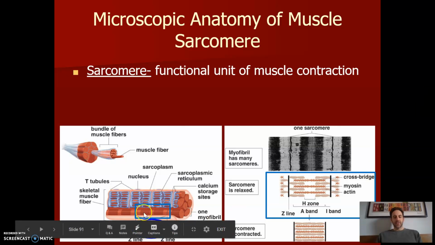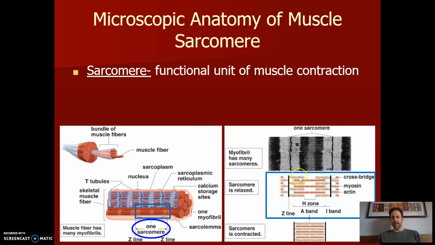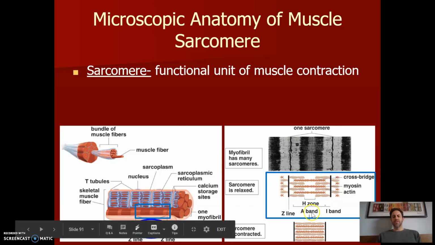If we zoom in on that sarcomere, here's another picture of what it looks like, and you see it's made of these alternating filaments, light brown, dark brown, light brown, dark brown. Here it is as it appears in a microscope. You can see these lines, and it's kind of a cool image.